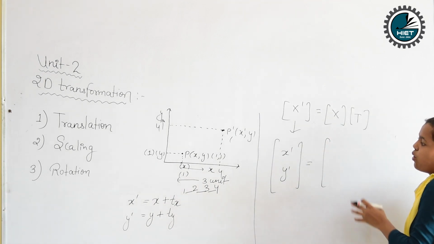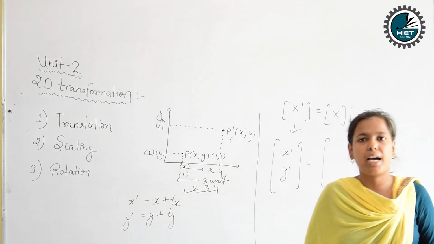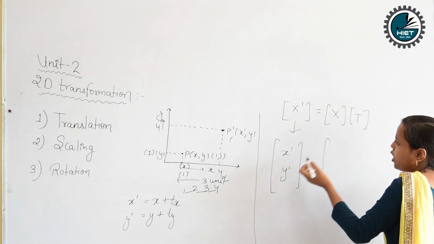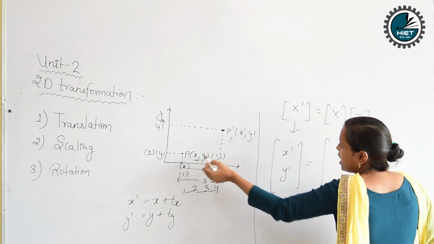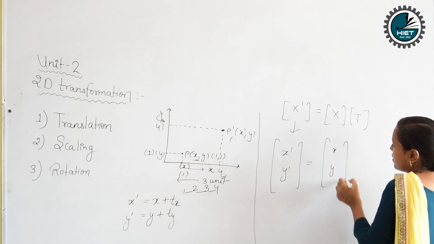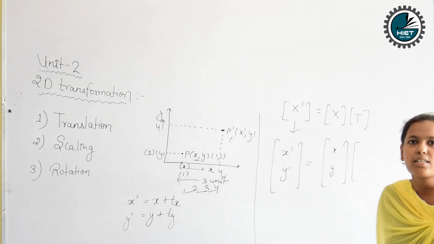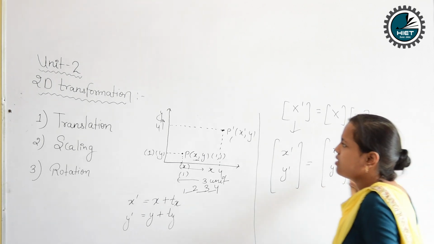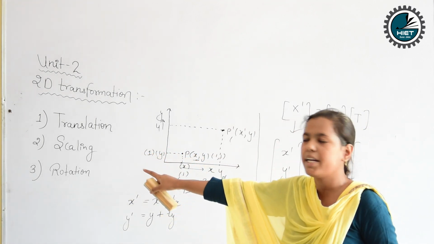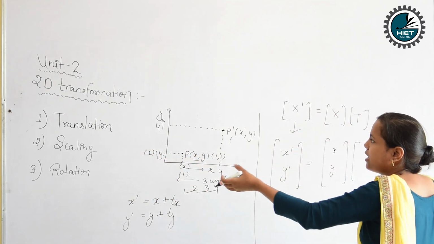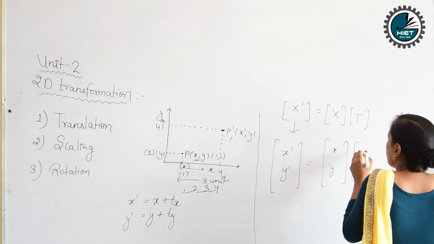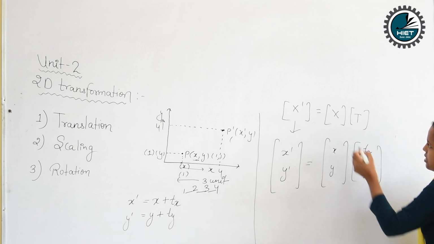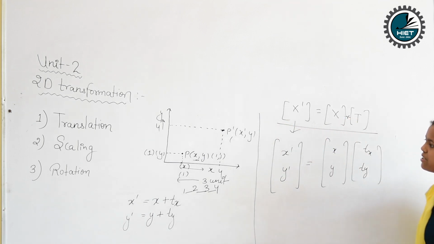The other matrix is the old coordinate, on which we have to apply the transformation, so the old coordinate of the point will be x and y. And what is the T matrix? This is the transformation we are applying on the object. It may be translation, scaling, or rotation. First of all, we are discussing translation, so the translation matrix will be Tx and Ty. This is the general form of the matrix we are representing.